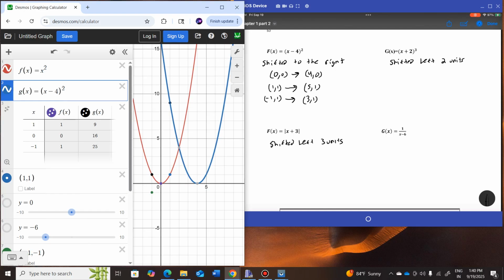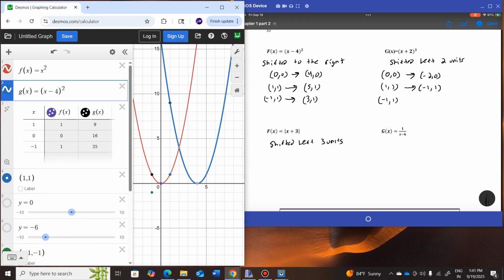For x plus 2 cubed, the same points. 0, 0 gets shifted to negative 2, 0. 1, 1 gets shifted to negative 1, 1.